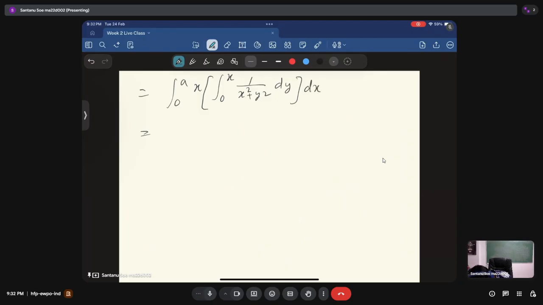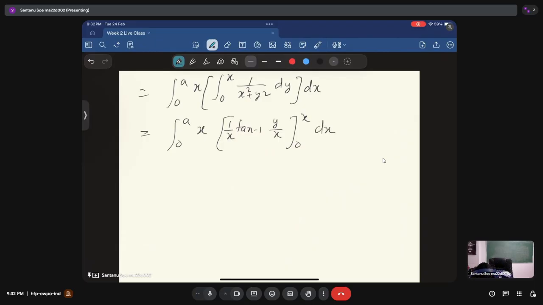So now this is same as tan inverse of y by x, 0 to x, and there will be another 1 by x dx.